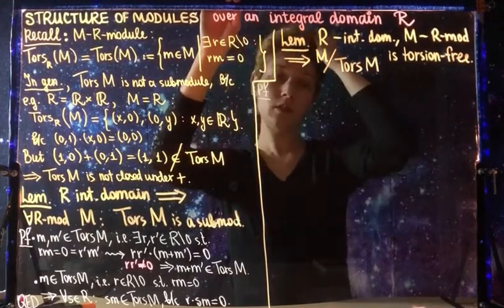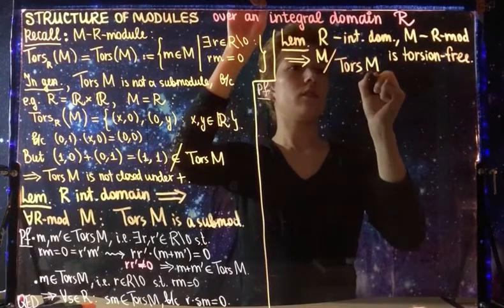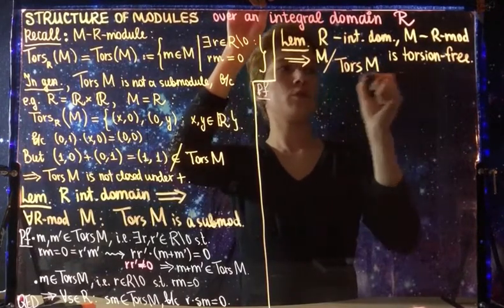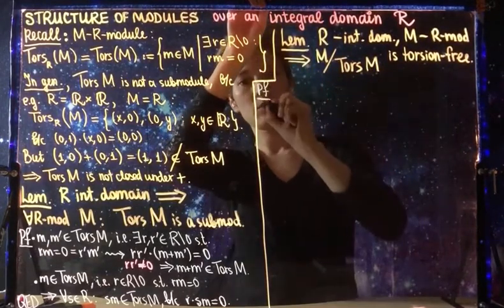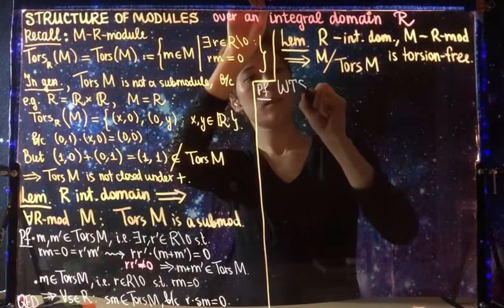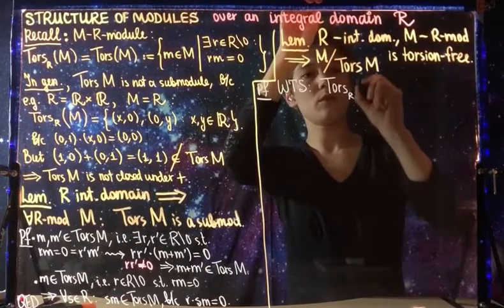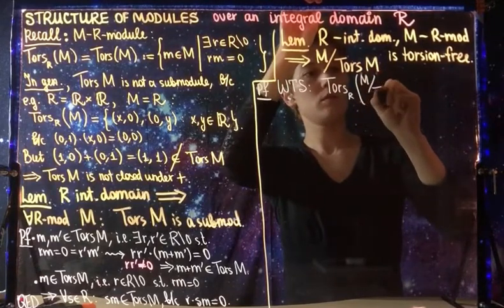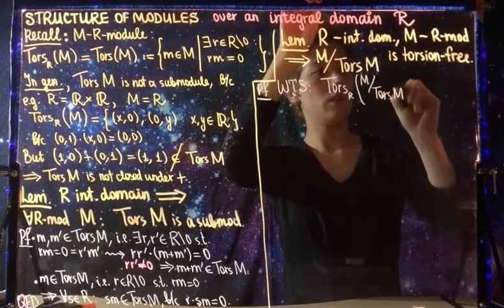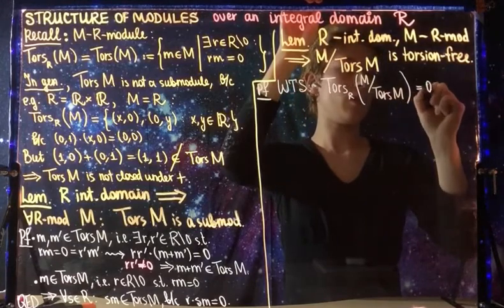Let me prove it. That the quotient is torsion-free amounts to saying that the torsion submodule of the quotient module is the trivial submodule, the zero submodule.